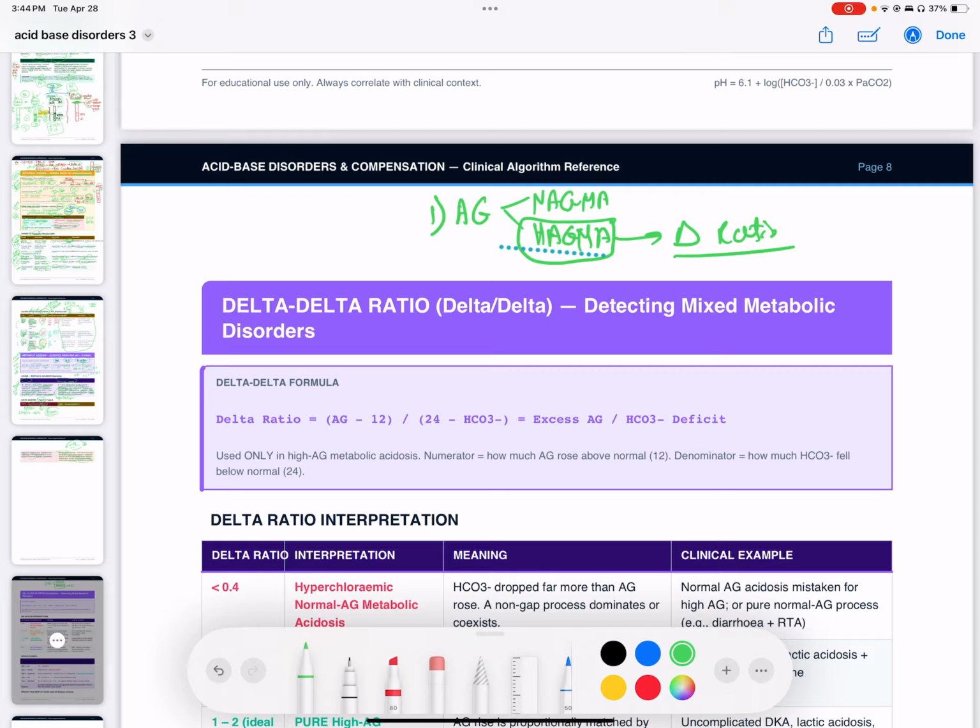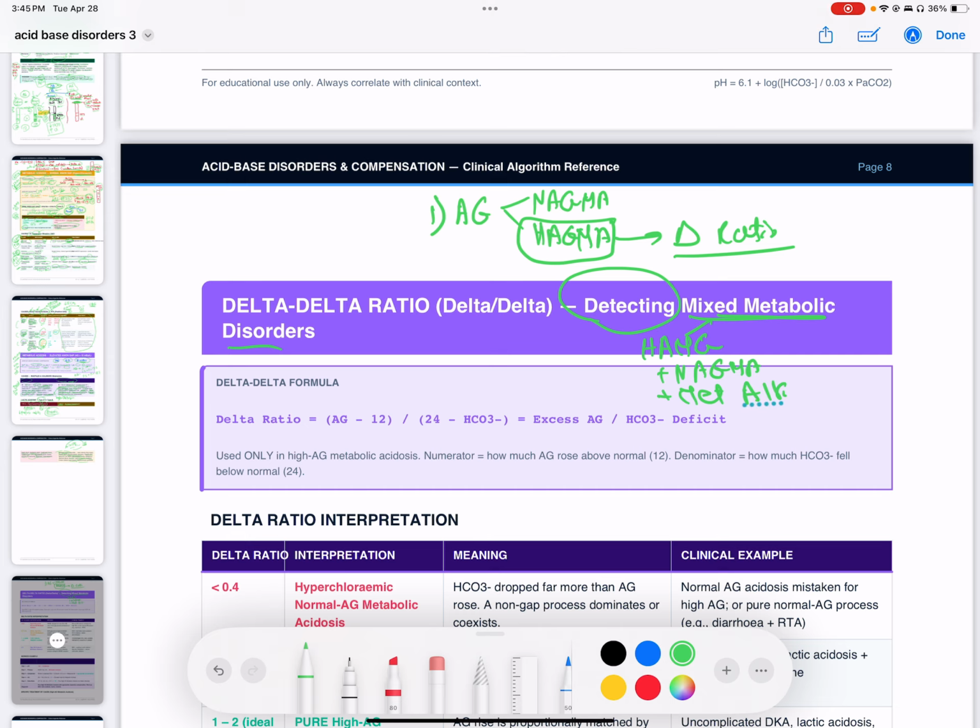The delta ratio is mainly to detect mixed metabolic disorder. So it can be either high anion gap metabolic acidosis plus normal anion gap metabolic acidosis or plus metabolic alkalosis, which we'll learn about in a little bit.